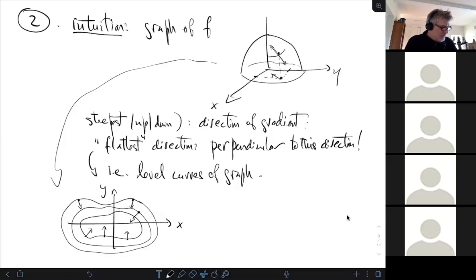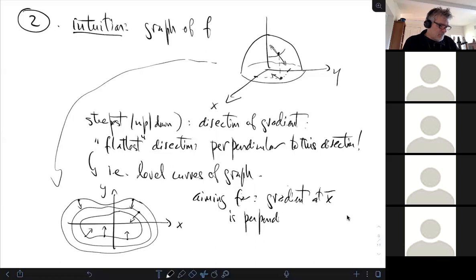Hopefully this makes some kind of sense. If it doesn't, I will prove it. So you should be okay. So what we're aiming for is that the gradient at x bar is perpendicular to the level curve through x bar.